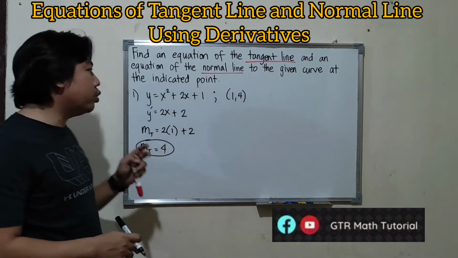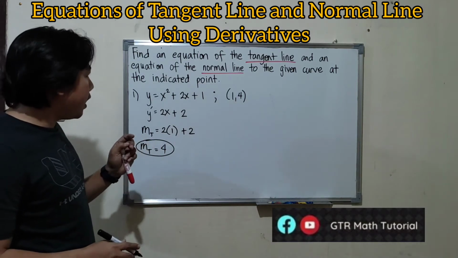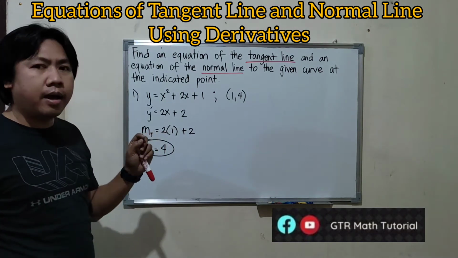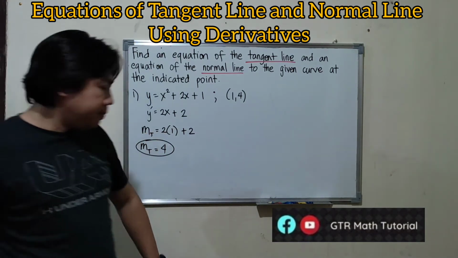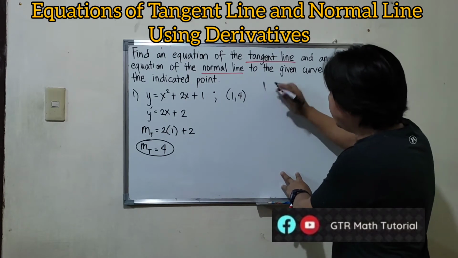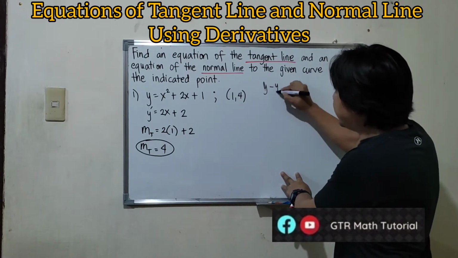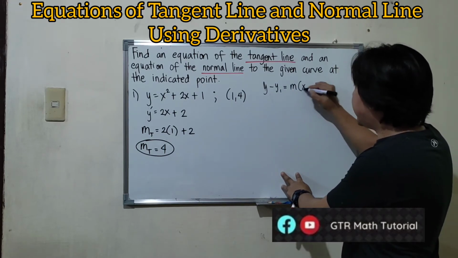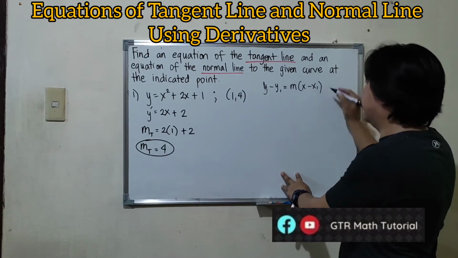Now we're going to find the equation of the tangent line. We're going to use the point slope form: y minus y sub 1 equals m times x minus x sub 1.